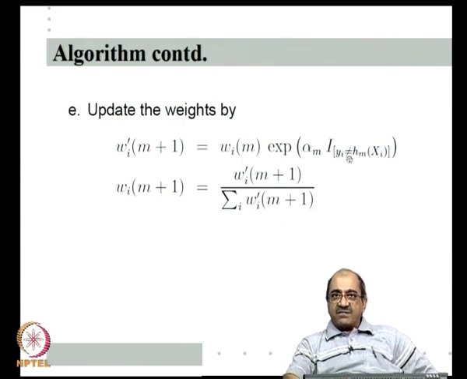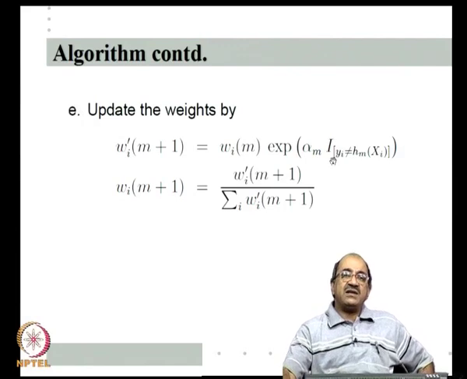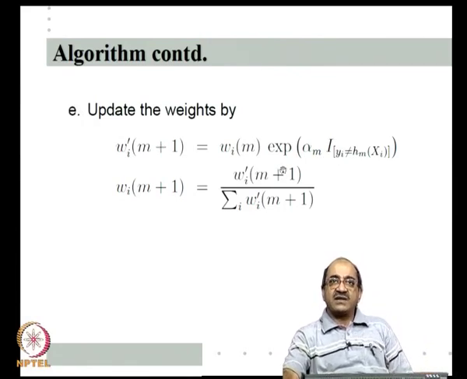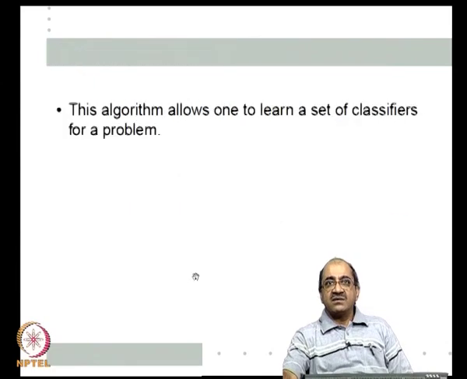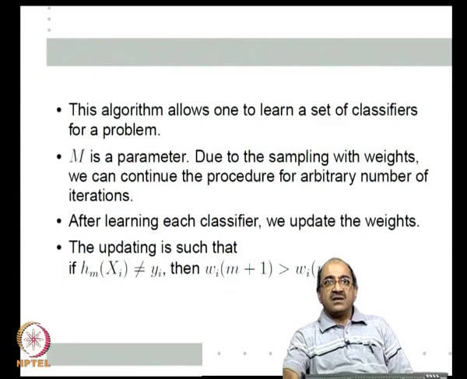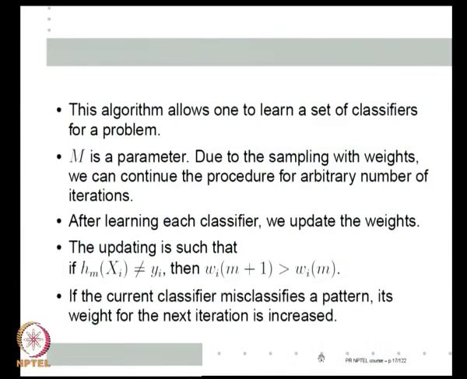On the other hand, if y i is equal to h m x i, then this factor is 1, so w i prime is w m. So, essentially in w i prime, I am increasing weights of all examples which are misclassified, leaving others where they are, and then renormalizing, which means if I have misclassified an example, then its weight for the next iteration increases.